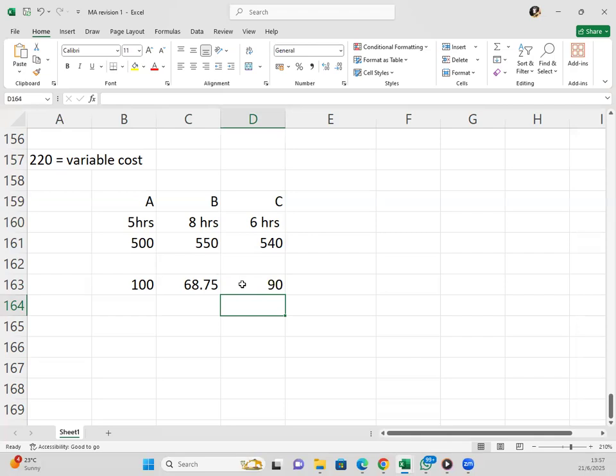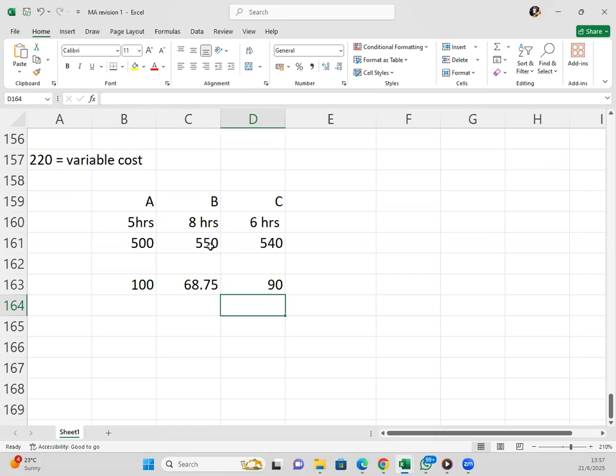Because I'm available for 8 hours, I would take my 5 hours and use them in company A. Then the remaining 3 hours, I go and work in company C. In that case, I have maximized my return from the limited hours.